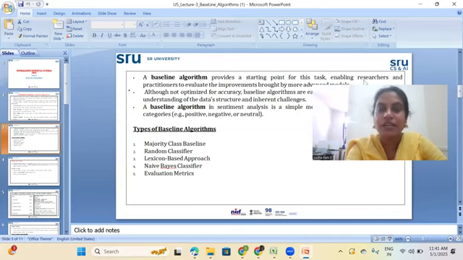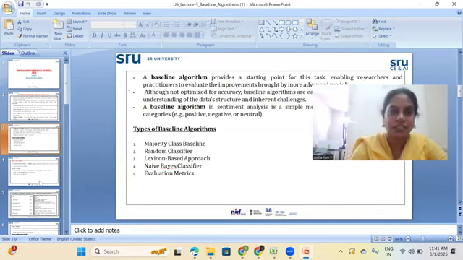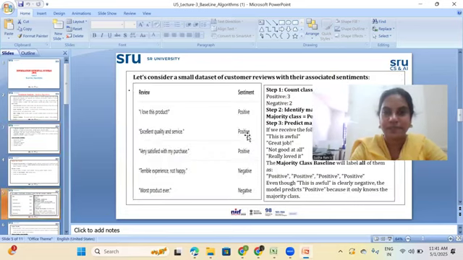For that, we are doing text pre-processing techniques, like identifying the keywords. For a review like "I love this product," we identify keywords like love, a positive keyword, so the system generates this as positive.